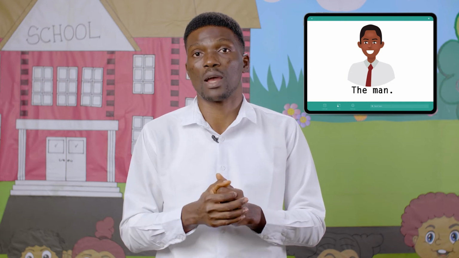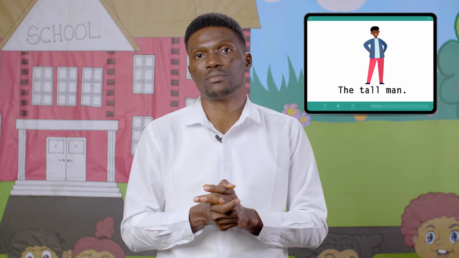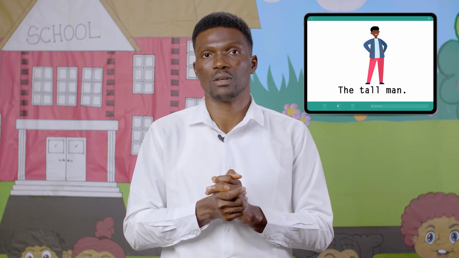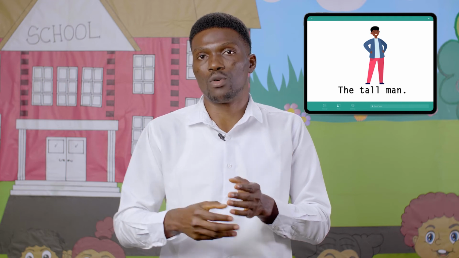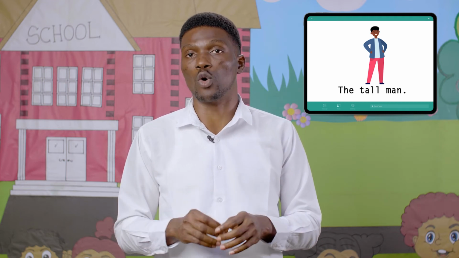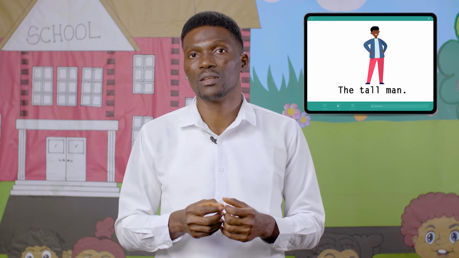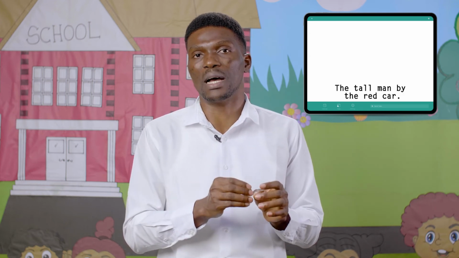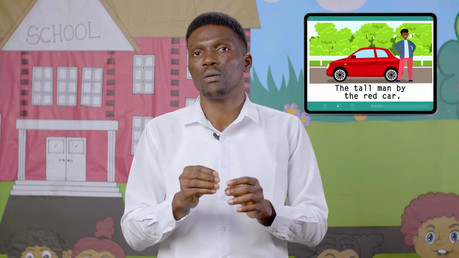Those are easy adjectives that can be used to describe him. So you could say, the tall man, right? That has expanded it a bit. But now, you can make it more complex and more interesting or more precise by adding some more specific information. So the tall man by the red car.